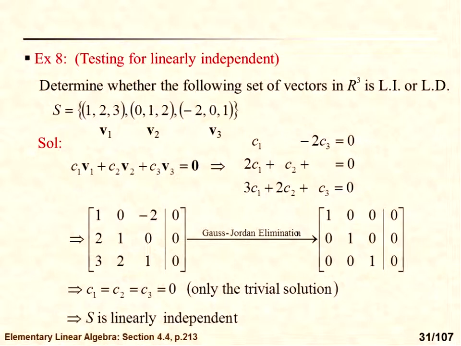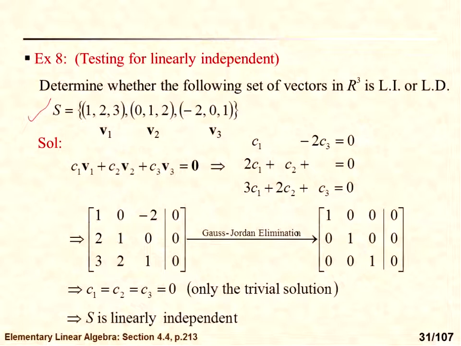Now I will show you examples to check whether vectors are linearly dependent or linearly independent. We are given the question: determine whether the following vectors are linearly dependent or independent.